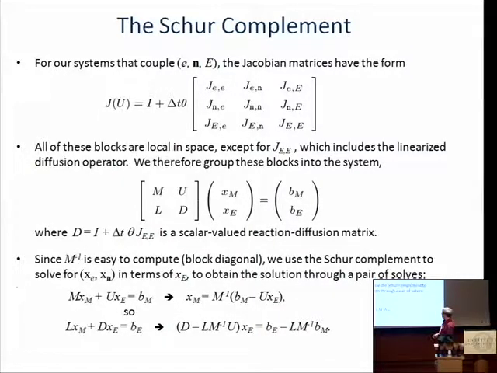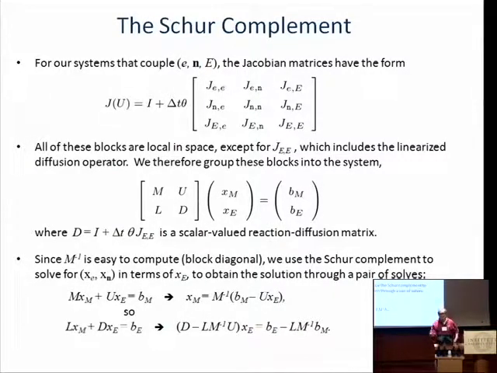So here is the matrix equation for the gas energy, E, which is the diffusion solve. And the matrix gets modified by the solution of these analytic problems, and they also show up on the right-hand side. So that's called the Schur complement.